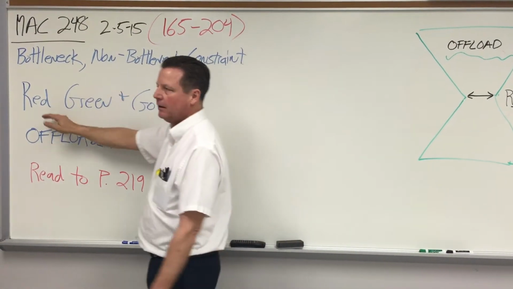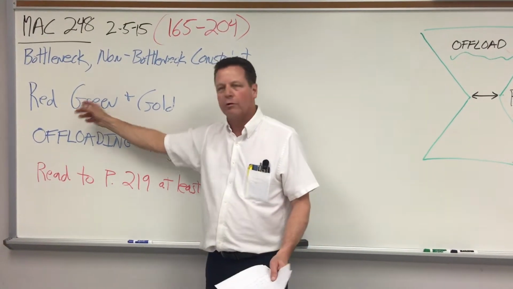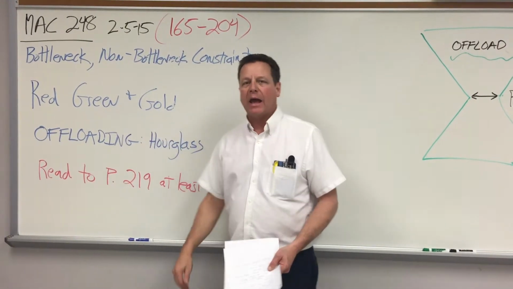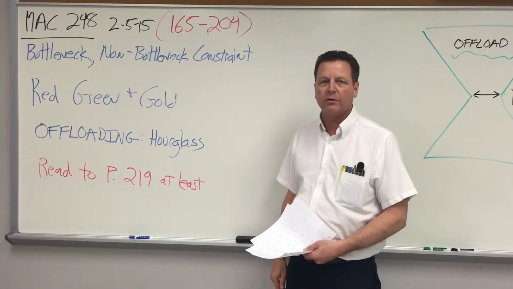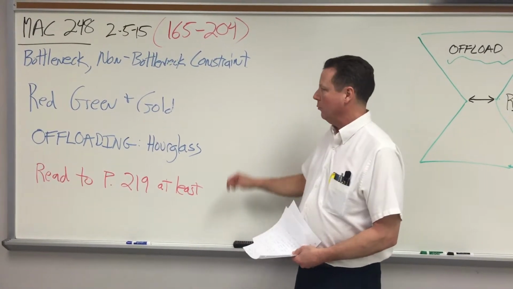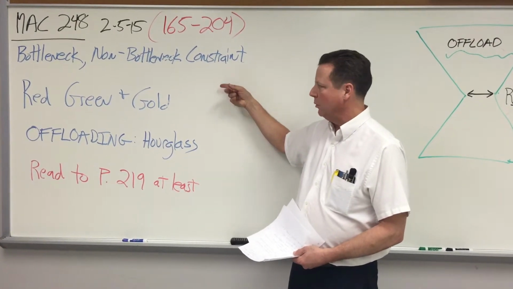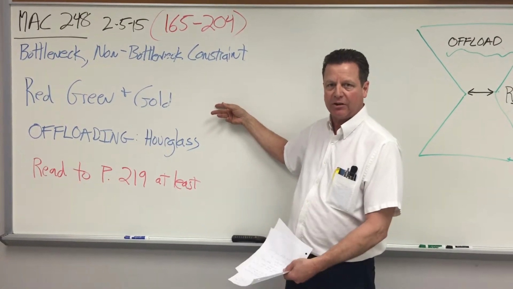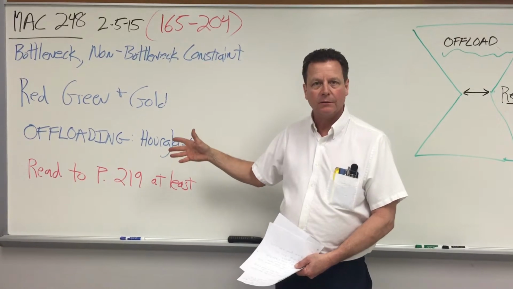I moved then into the book, through the pages that dealt with the red and green tag system. This came about because they had a prioritized list of things that had to be done, one after the other. When the guys out on the machines were working, and they did this one, and then this one, and then they went to this priority job and the material was not there to do it, they just stopped working.